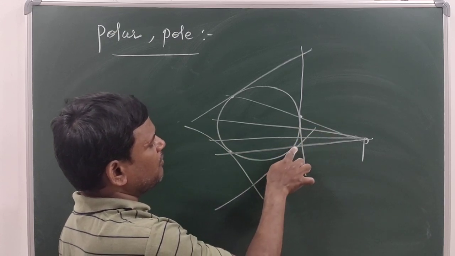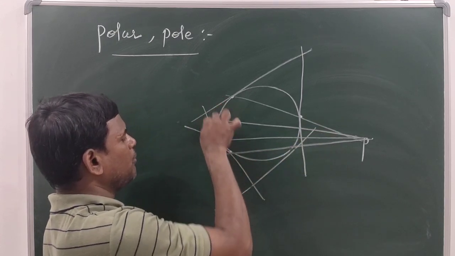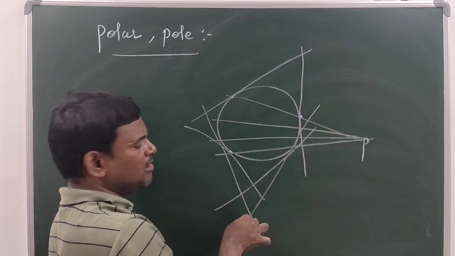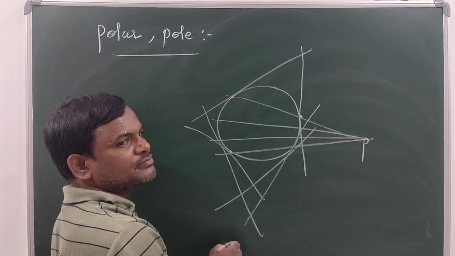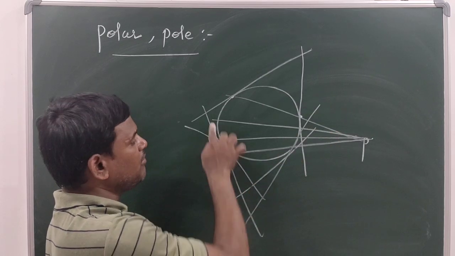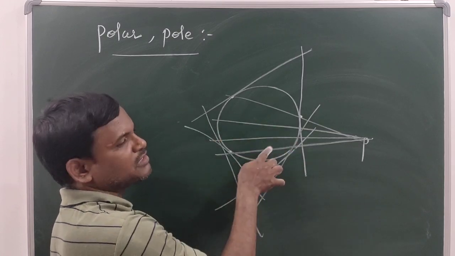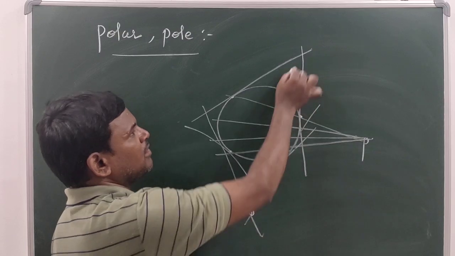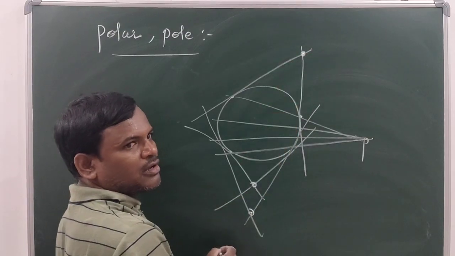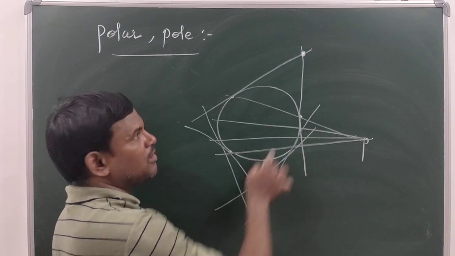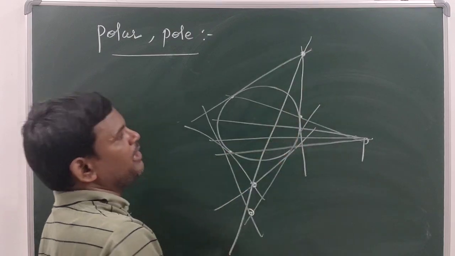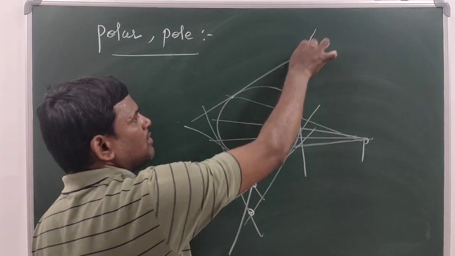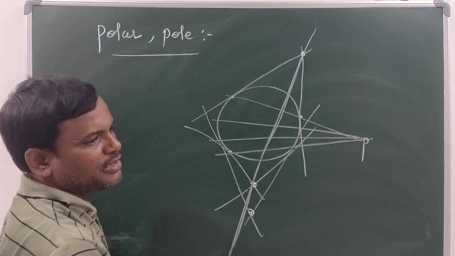At the endpoints of these chords, I am taking the tangents. So these tangents are intersecting at some places. All these points are collinear.